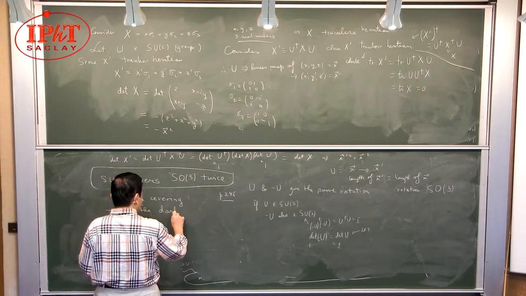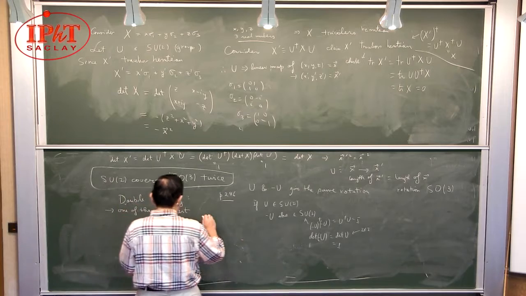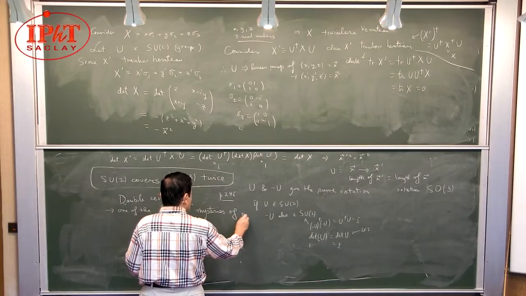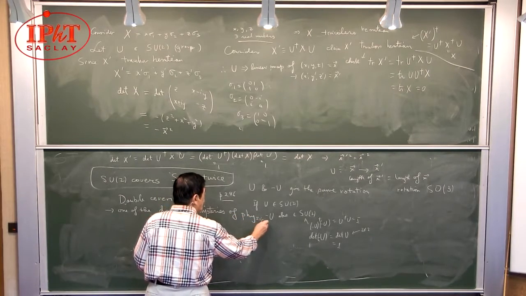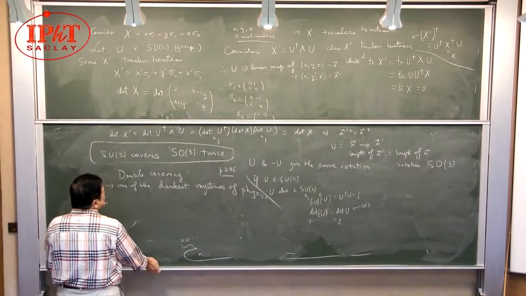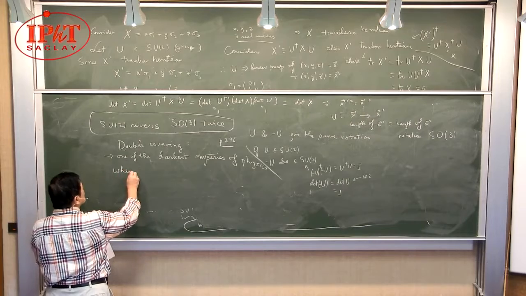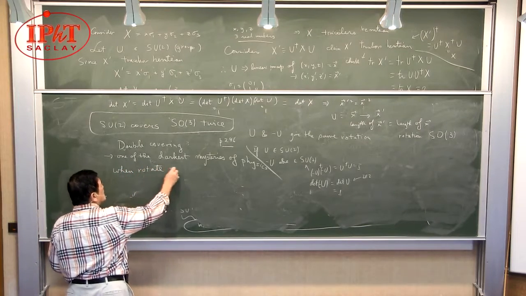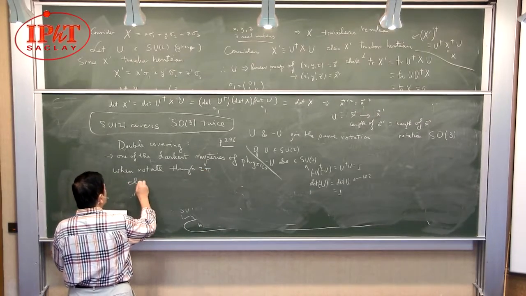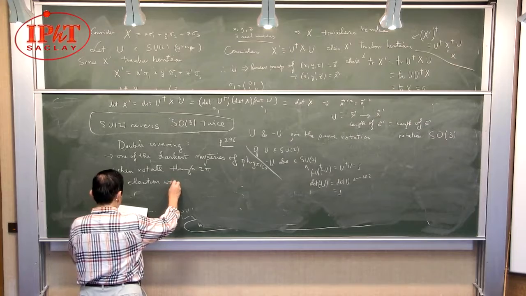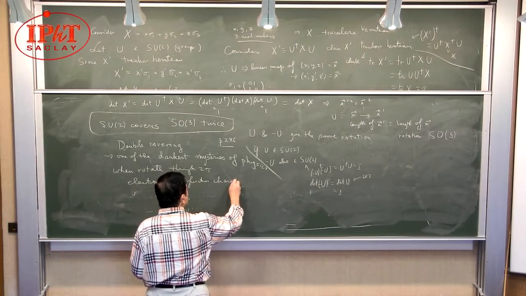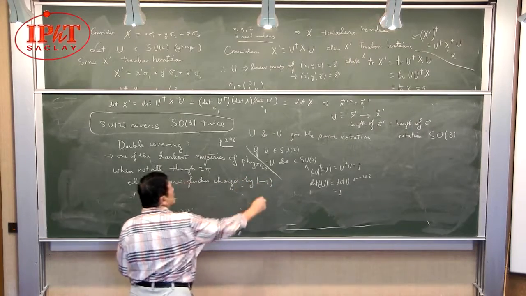And this double covering is, I think most physicists would agree, one of the darkest mysteries of physics. Why would nature care about this? Because what that means is that when we rotate through 2 pi, the electron wave function changes by -1.